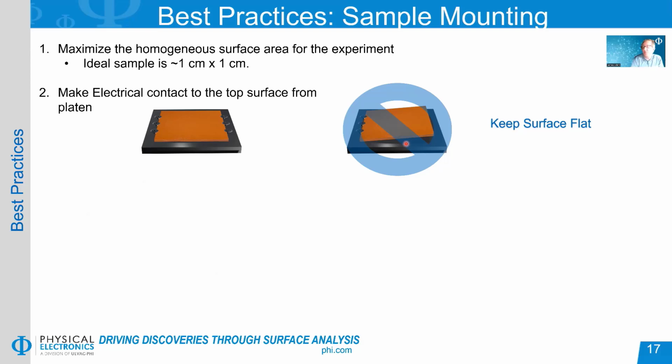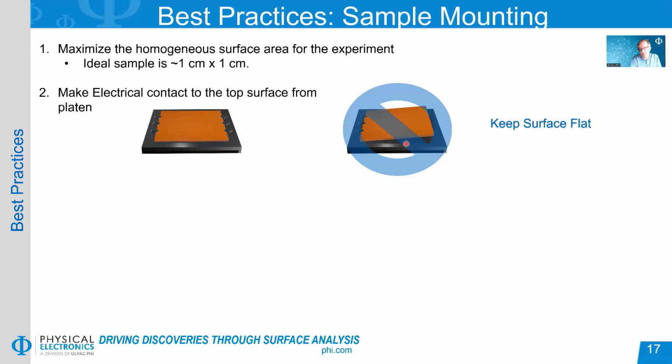Then you won't be perpendicular to the incoming or outgoing electron beam for UPS, and your field, when you apply a bias, isn't going to be directly along the axis to the analyzer. So you want to keep it flat if at all possible.